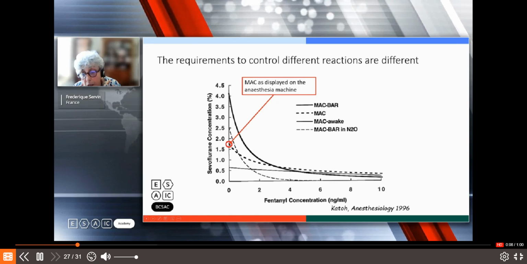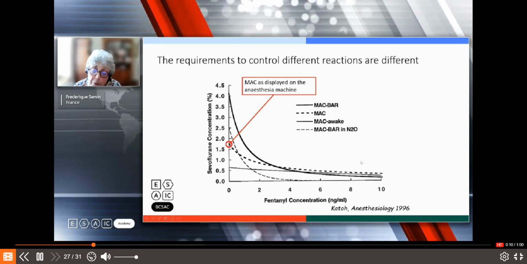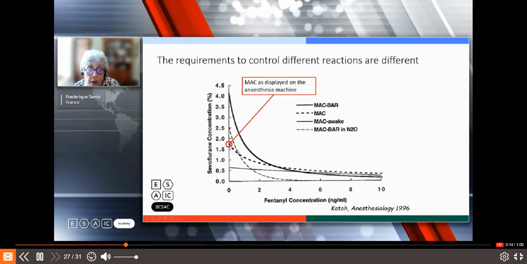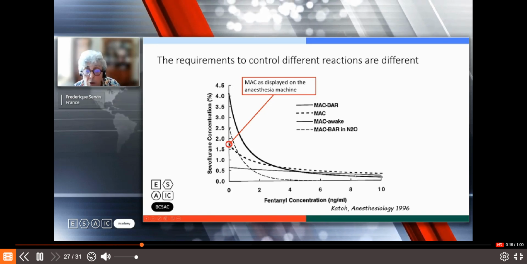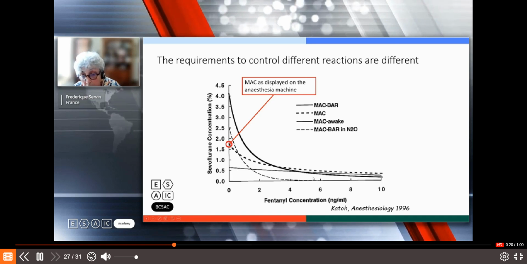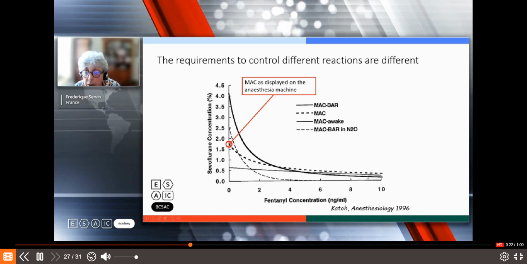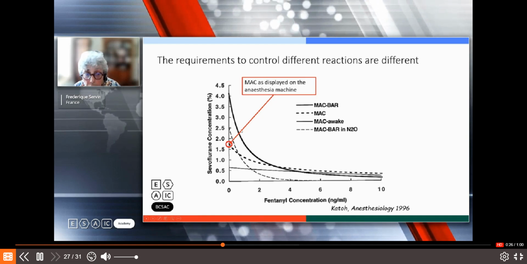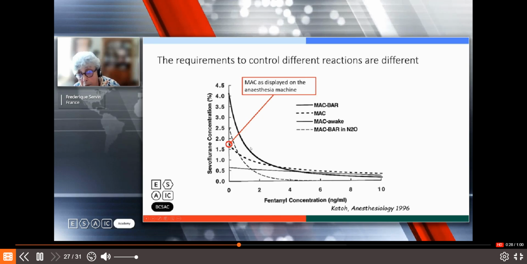And you see here the classical curve published by Cato, where you have the MAC, a dotted point here, the MAC awake, that's to say the loss of consciousness. And here you have the MAC BAR, which is the hemodynamic stability.